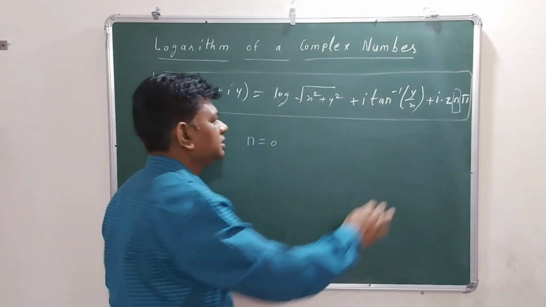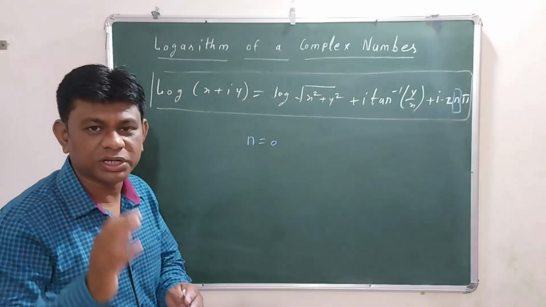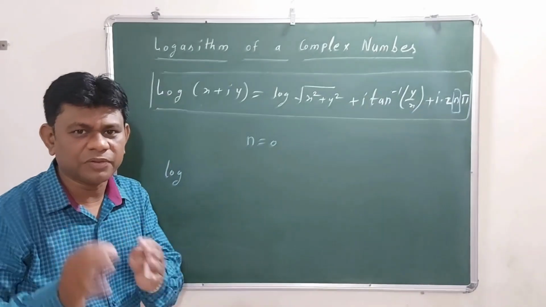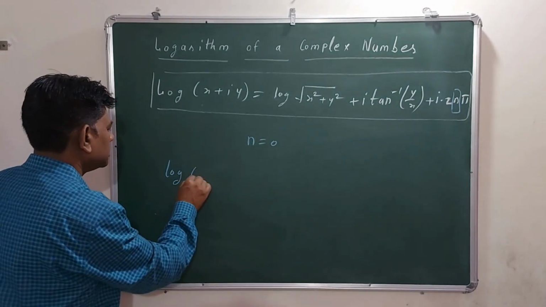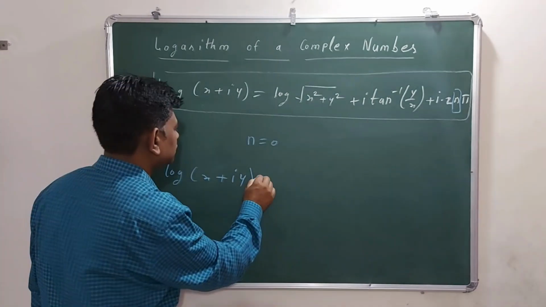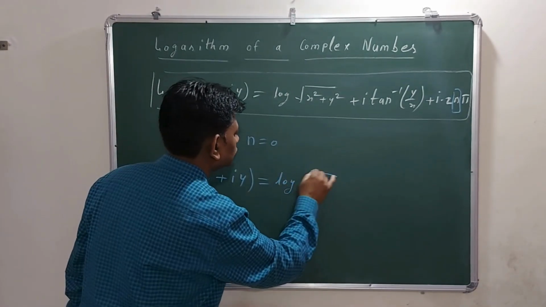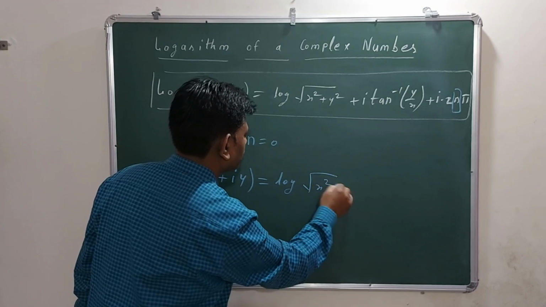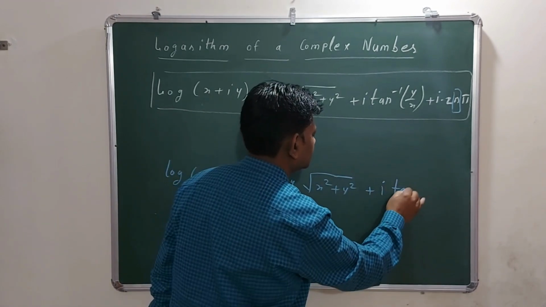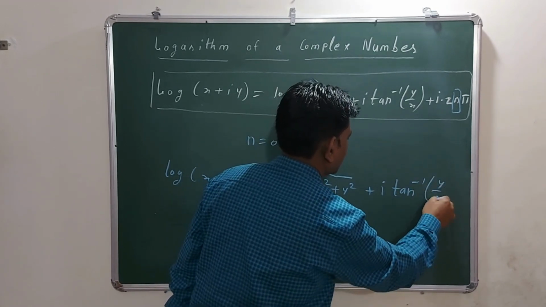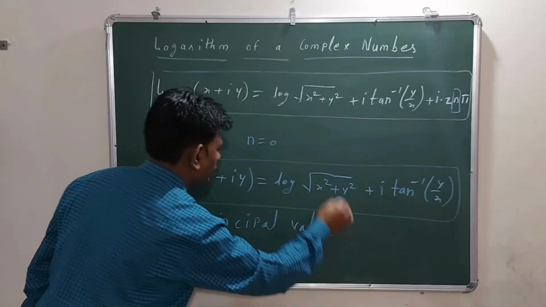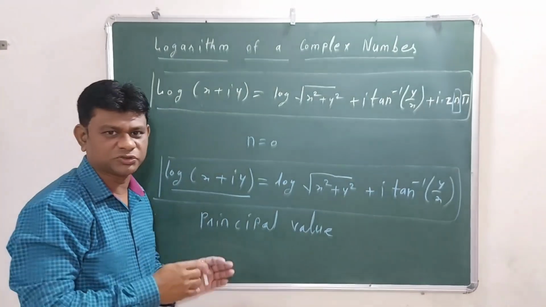Now by taking n equal to 0, we get the principal value of log of x plus iy, and the principal value is denoted by small letter log. So log of x plus iy is equal to log of root x square plus y square plus i times tan inverse y by x. This is called the principal value of log of x plus iy.